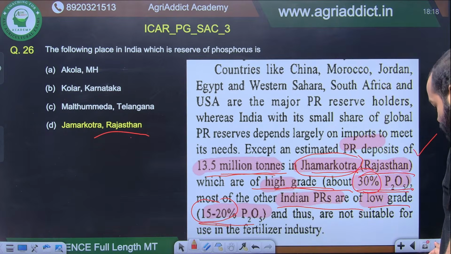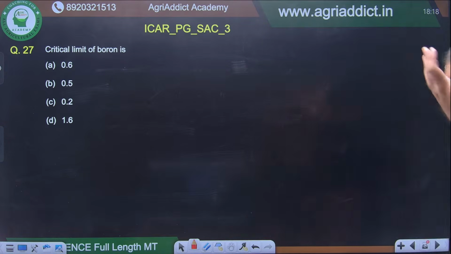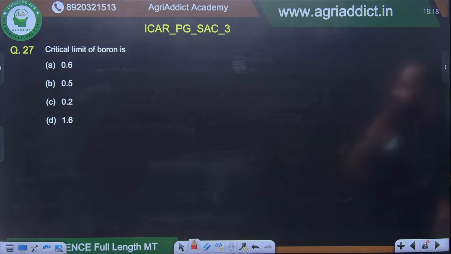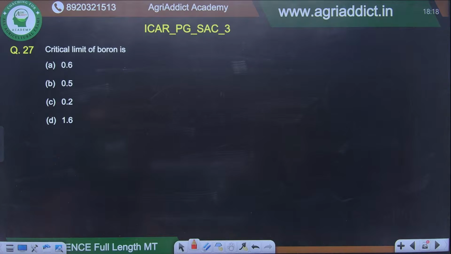All right, moving on. Critical limit of boron is, इसका एक पूरा table है in soil science treatise, if you can remember. Even if you don't remember, if you are thorough with your new ISSS, this is not at all a hard question. You can tell me the answer very easily. Yes, Purti, already I can see you are writing 0.5.